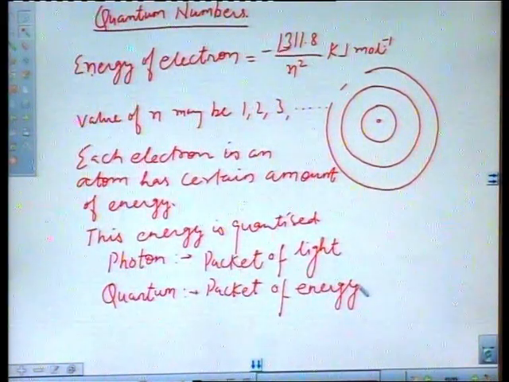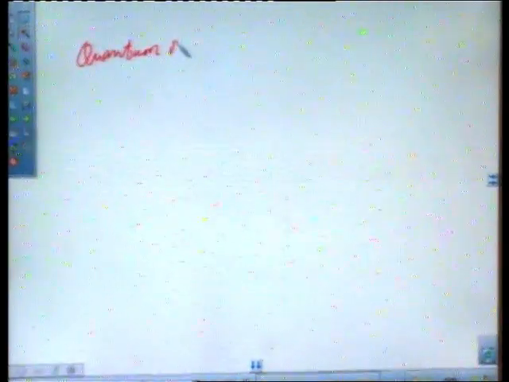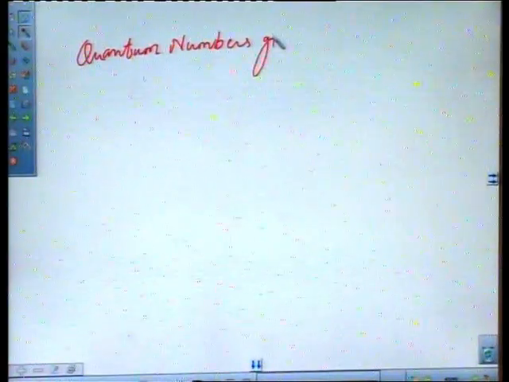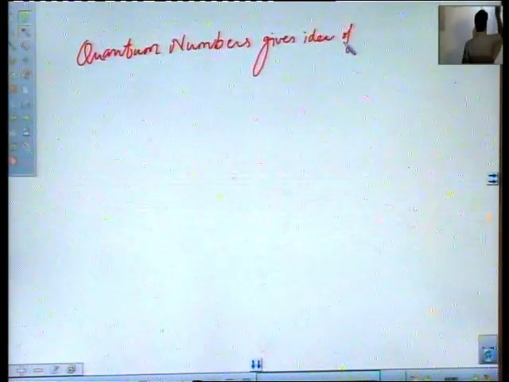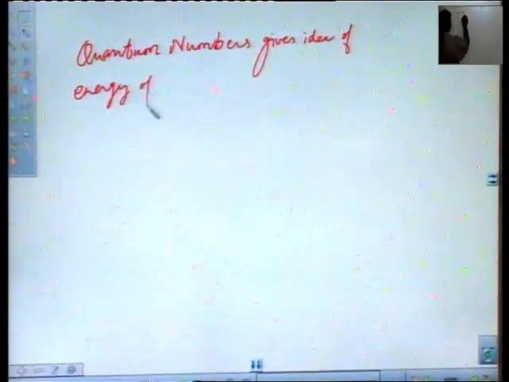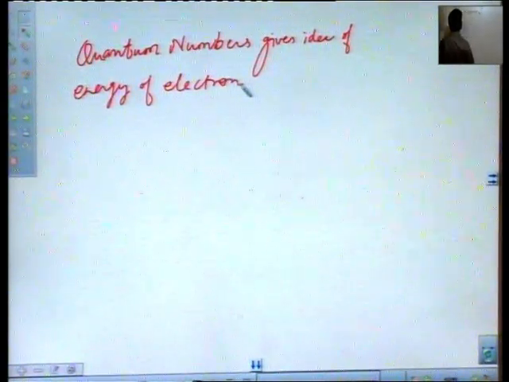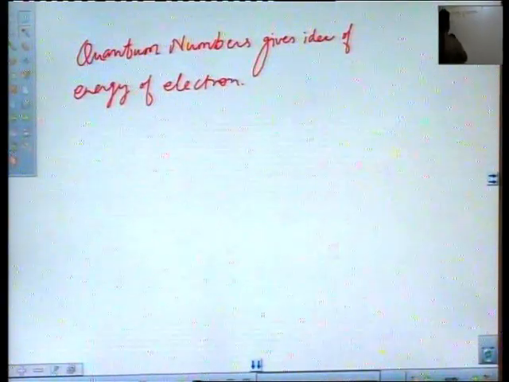So, quantum numbers give an idea of the energy of the electron. What will be the energy of the electron? That is given by quantum numbers.